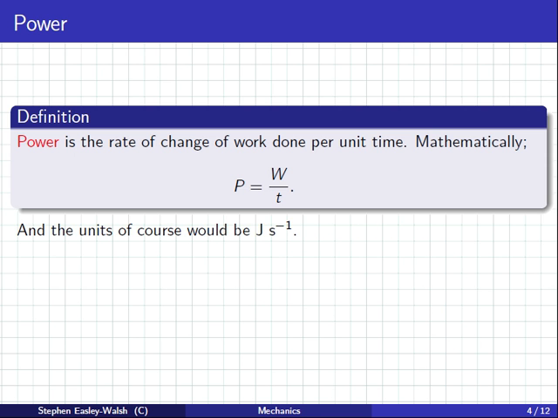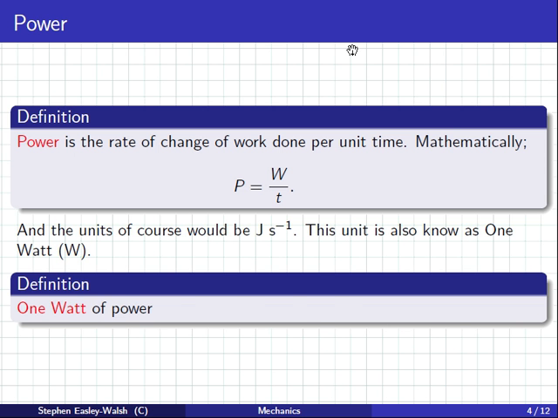Does anyone know? 1 watt of power is 1 joule of work done in 1 second. Got that? Okay. Next.